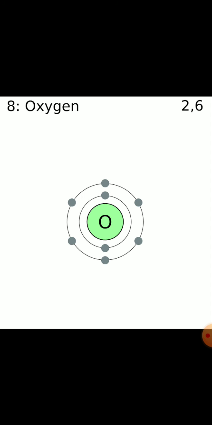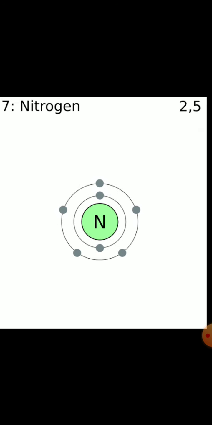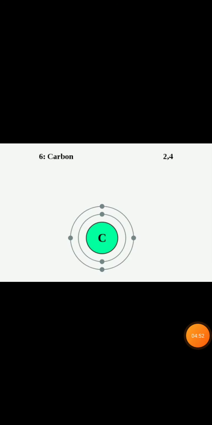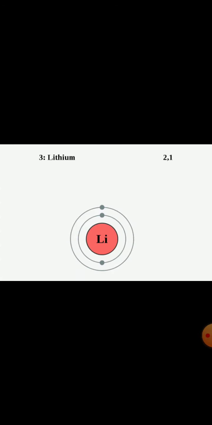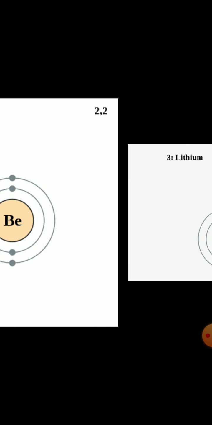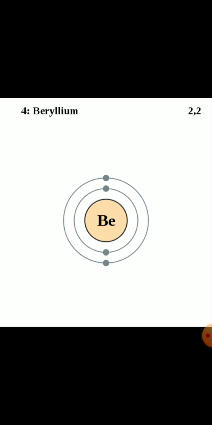What about shells? Do these elements contain the same number of shells? Yes, they contain the same number of shells. If you see, lithium has two shells, K and L. Beryllium also has two. Boron has also two.